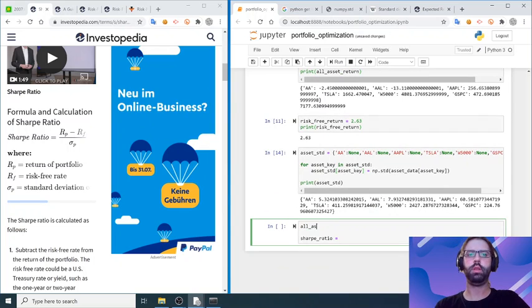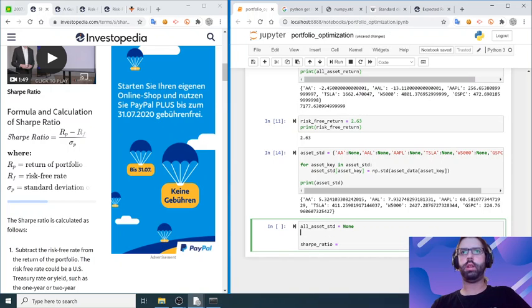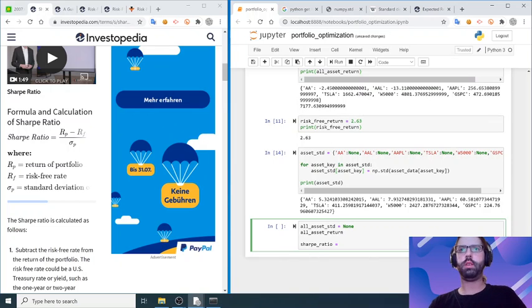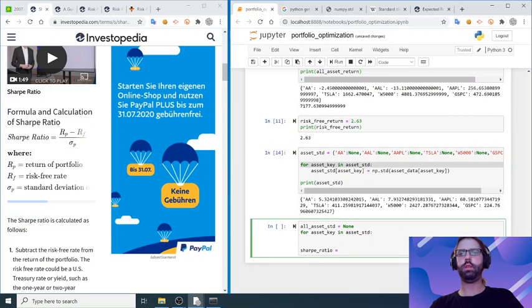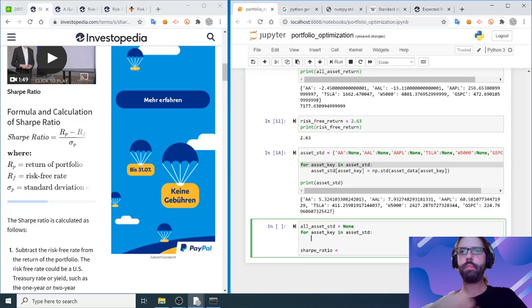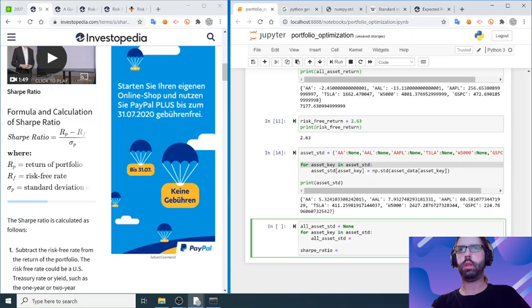So STD, and then I'll just copy paste these and basically say, so what we're going to do is I'm just going to add everything, right?